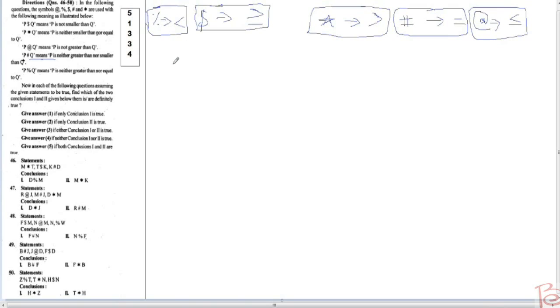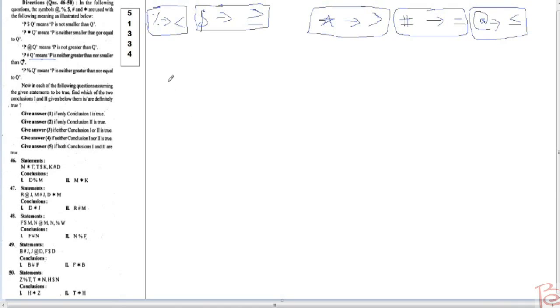Now we can go for the first question, and the answer options will be the standard ones. There are two conclusions. If only one is correct, you select one. If only two is correct, you select two. If either one or two is correct, you select three. If both are wrong, you select four, and if both are right, you select five.